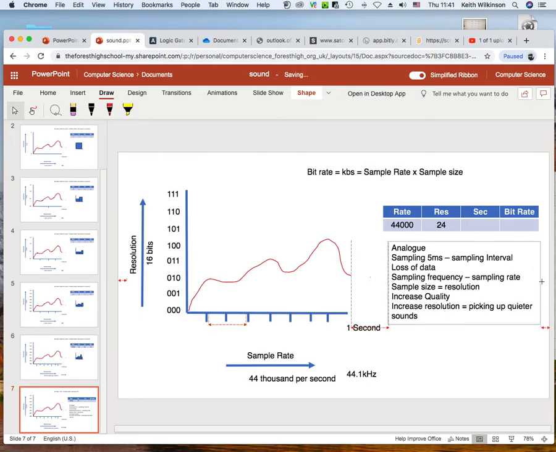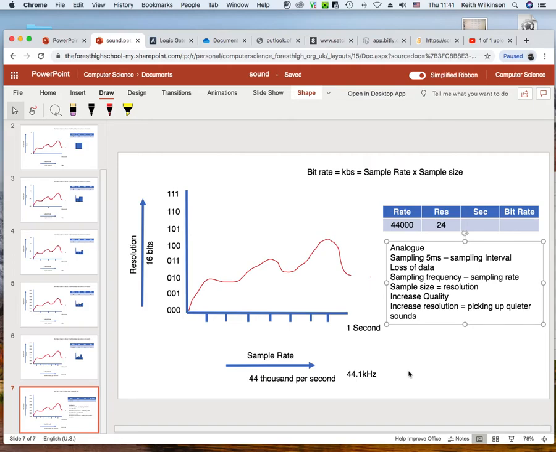Because from physics, if you've done sound, you should know that this axis going up here is the amplitude, which is really volume. So this is low down here, and this is loud up here. So increasing the resolution and increasing the sample rate will increase the quality of the sound, but there is a limitation. And that is pretty much all we need to know about sound.